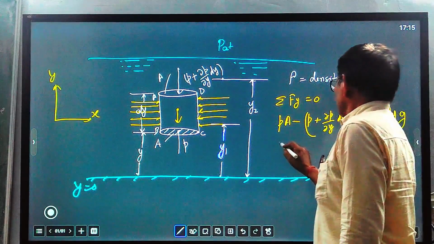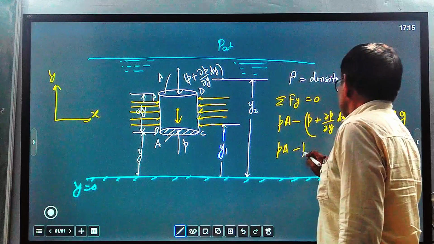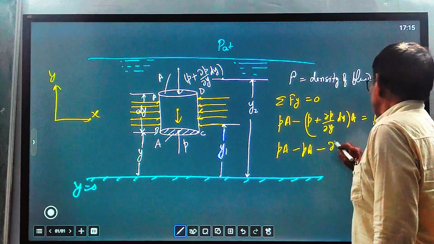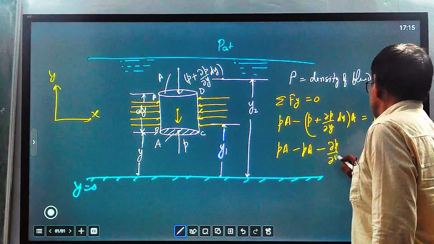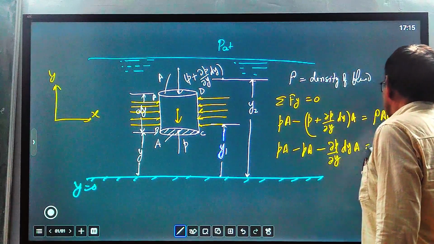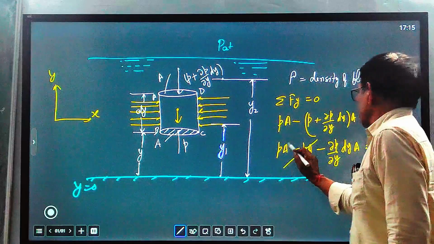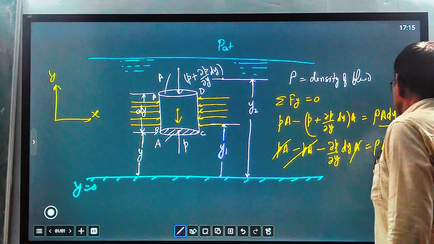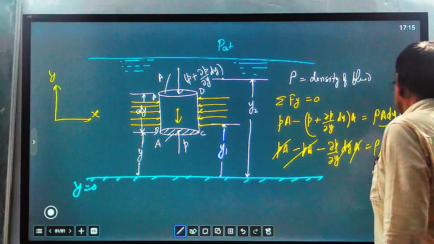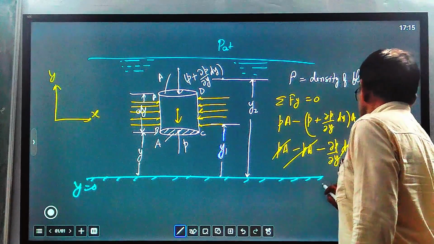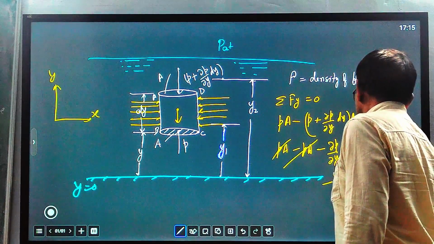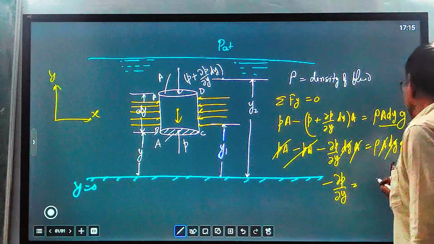Now solving this equation: PA minus PA minus del P over del y dy into A equals rho A dy into g. A is cancelled out, and dy is also cancelled out. So the equation is minus del P over del y equals rho g.